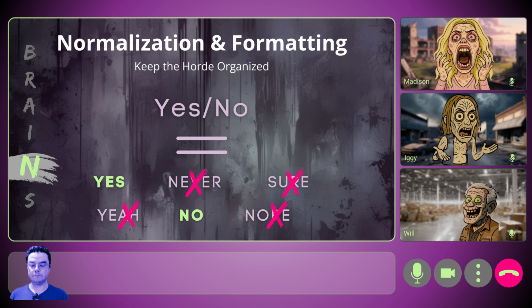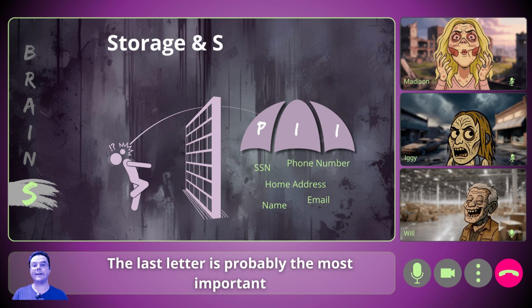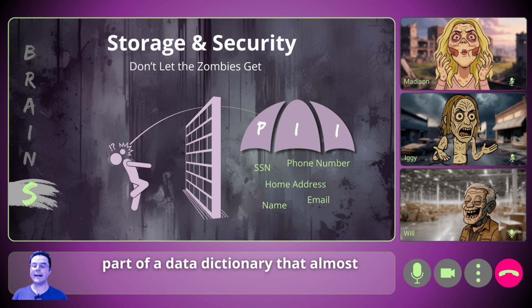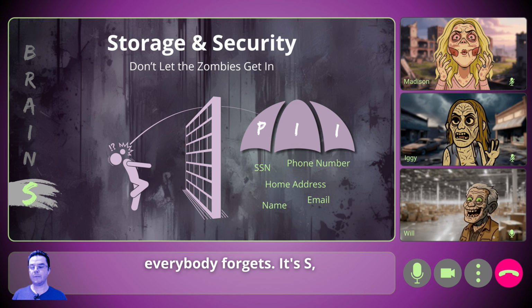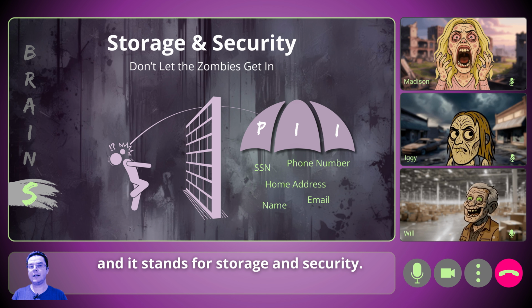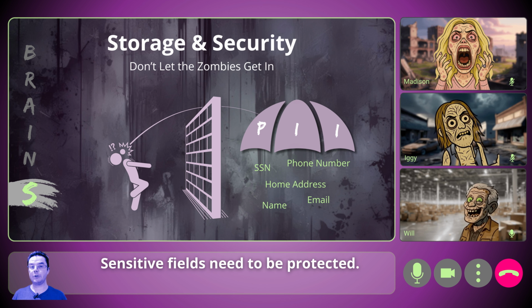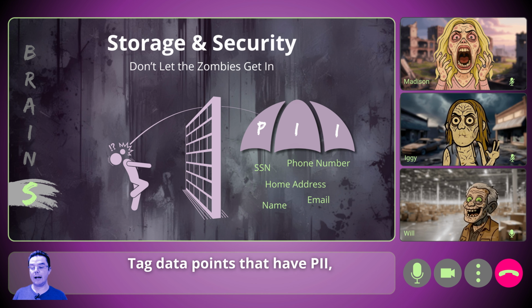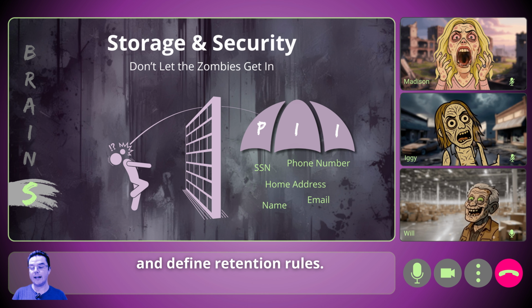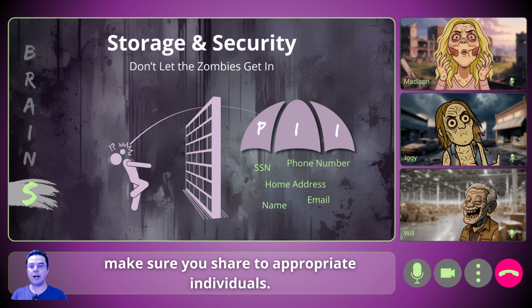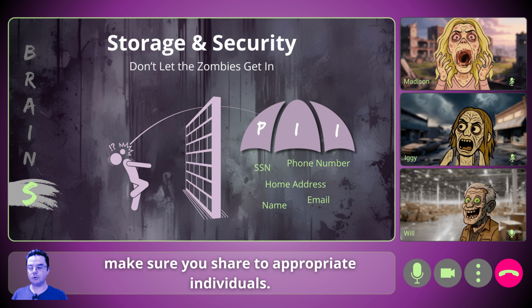The last letter is probably the most important part of a data dictionary that almost everybody forgets. It's S, and it stands for storage and security. Sensitive fields need to be protected. Tag data points that have PII, set access levels, and define retention rules. And when you're sharing, make sure you share to appropriate individuals.